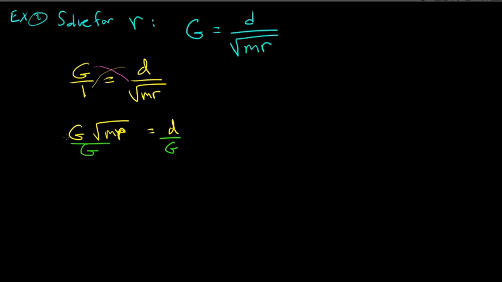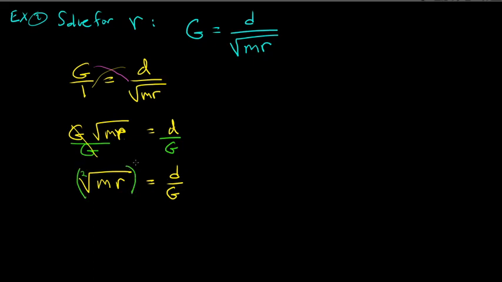And on the left, we still have, right, the g cancels. We still have a square root of m times r. And on the right, we have d divided by g. All right. So by doing all this, we've isolated the square root. The square root is on the left, no square roots on the right.